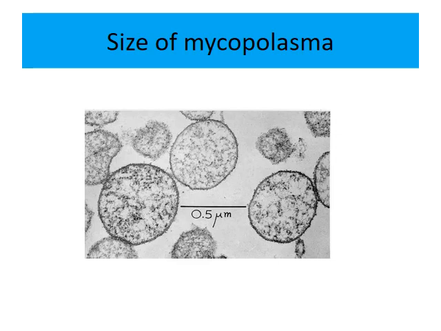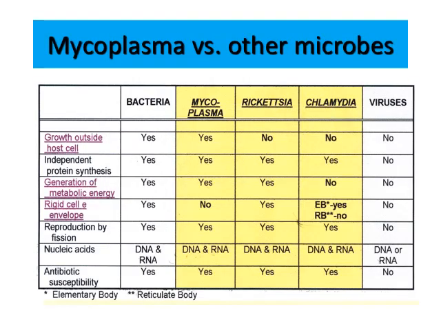Now, since this is a bacteria that affects the respiratory system, and we've been talking about gram-negative rods of the respiratory system, I'm just going to give you a comparative table. Keep that in mind. What are the characteristics? How would you compare Mycoplasma versus other microbes? In these cases, you can see Rickettsia, Chlamydia, and viruses are the major microorganisms we can compare.